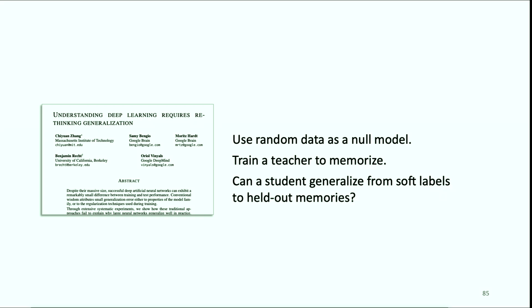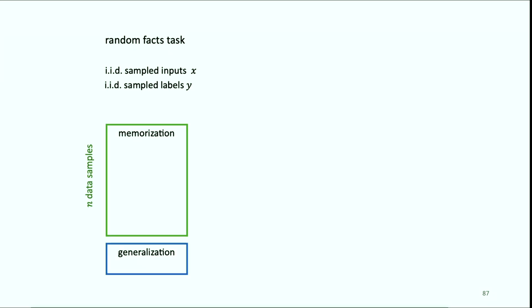What I mean by this is that if you consider a task where your input data is IID samples, there's no meaning in it, it's just some vector, and then you sample an input label, also from a number of classes, IID, and then you compose a dataset of n samples, and you compose an extra set that you don't show to the teacher, just to check some things later on.